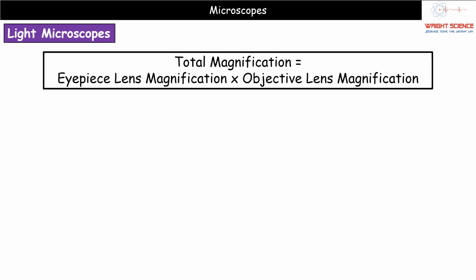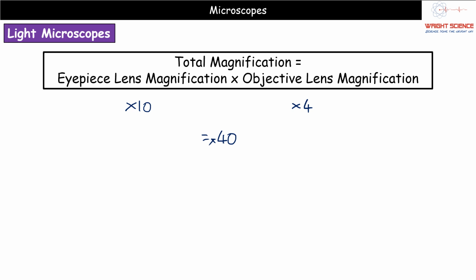The first calculation that we should just remind ourselves of is to work out our total magnification. Now this is by far the simplest of all calculations, because all we need to do is take whatever the eyepiece lens is, times the objective lens that we're using, and that gives us our total magnification. So if we had an eyepiece which was times 10, and our objective lens was a times 4, then 10 times 4 gives us a total magnification of times 40.